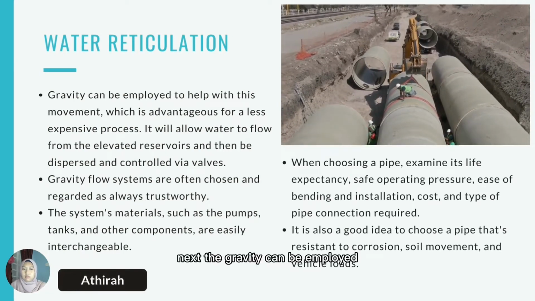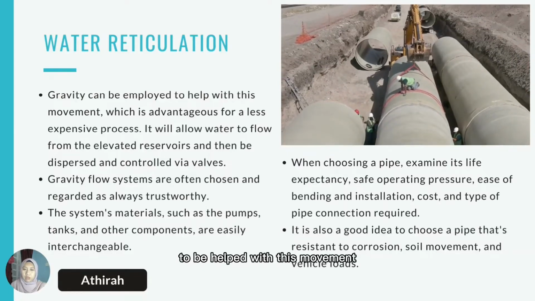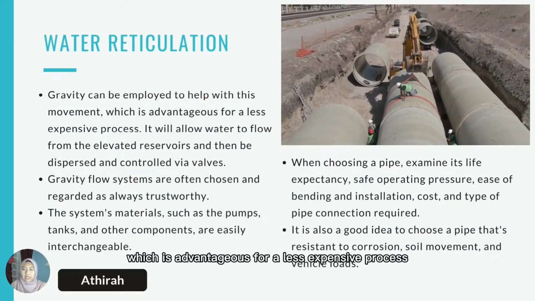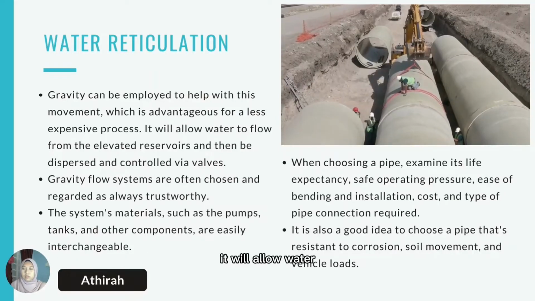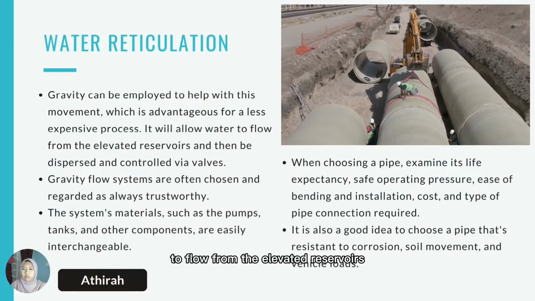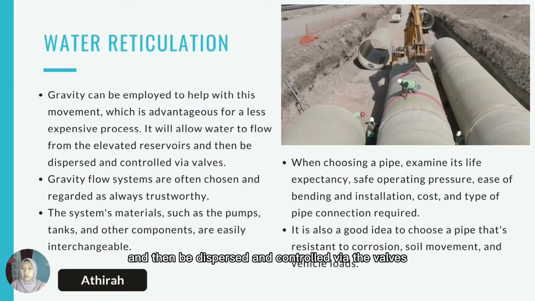Next, gravity can be employed to help with this movement, which is advantageous for a less expensive process. It will allow water to flow from the elevated reservoirs and then be dispersed and controlled via the valves.